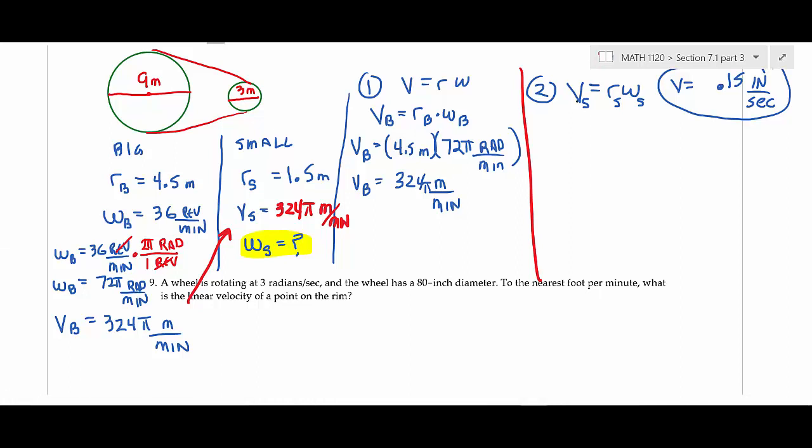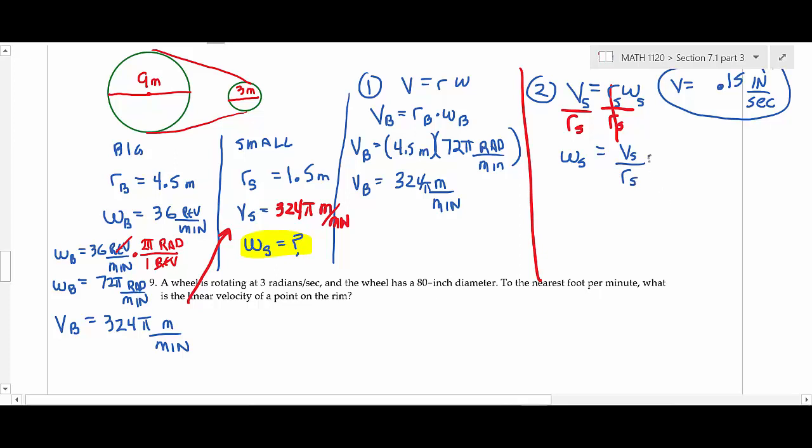So what I'm going to do is solve this formula for omega. I'm going to divide both sides like that. So what I'm going to end up with, and I'm going to write it like this, is omega, the angular velocity of the small circle, is found by the ratio of the linear velocity and radius, okay?